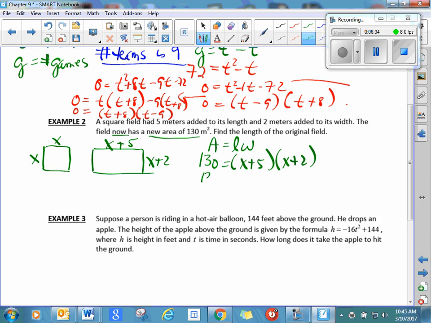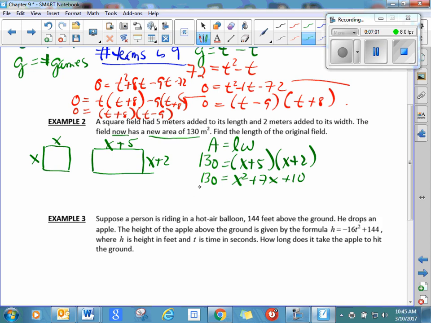So we're going to have 130, double distribute, equaling x squared plus 5x plus 2x. So if you can do it in your head, you're going to end up with 7x plus 10. So that's all well and good. If you need to do the extra steps to double distribute it, take as much room and time as you need to satisfy yourself that you can get x squared plus 7x plus 10.